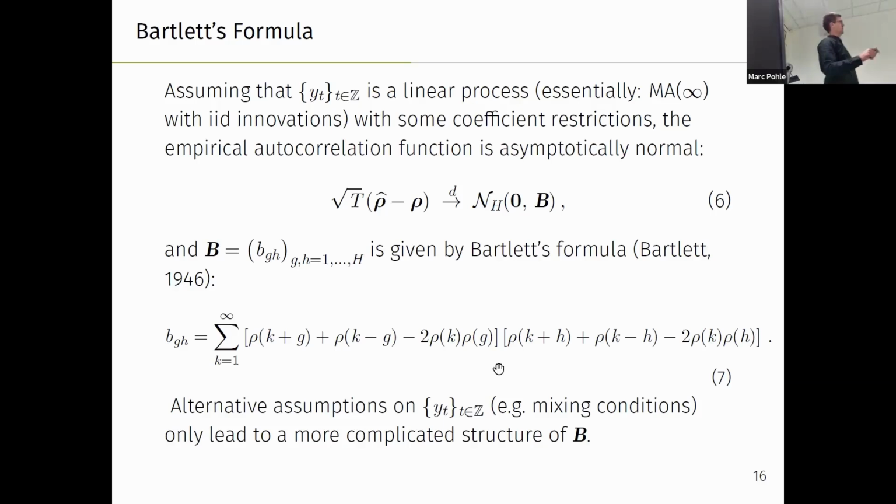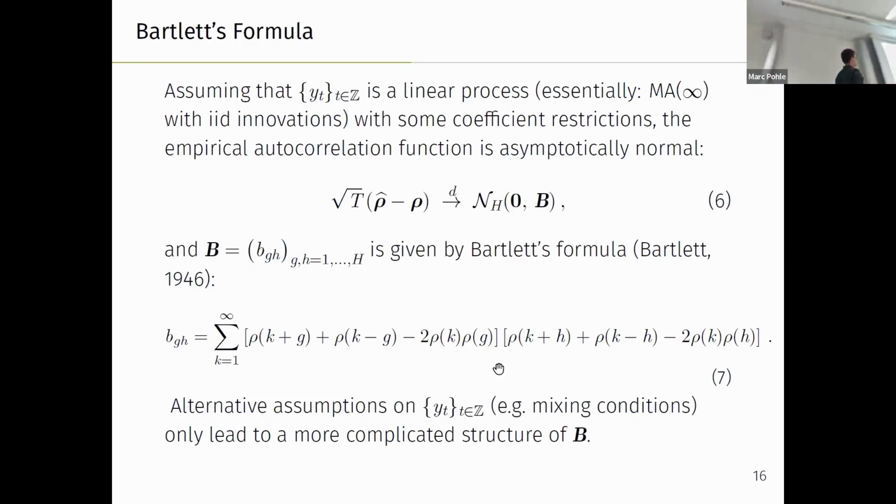Yeah, and we need to estimate this quantity if we want to construct confidence bands. The idea is simply to use a HAC type estimator, known in econometrics for the sample mean.